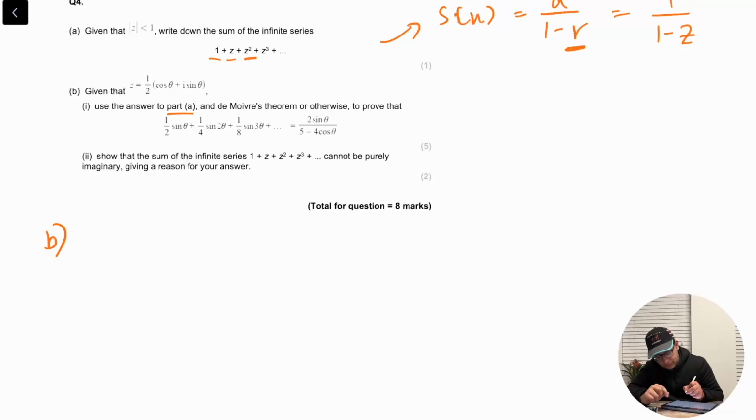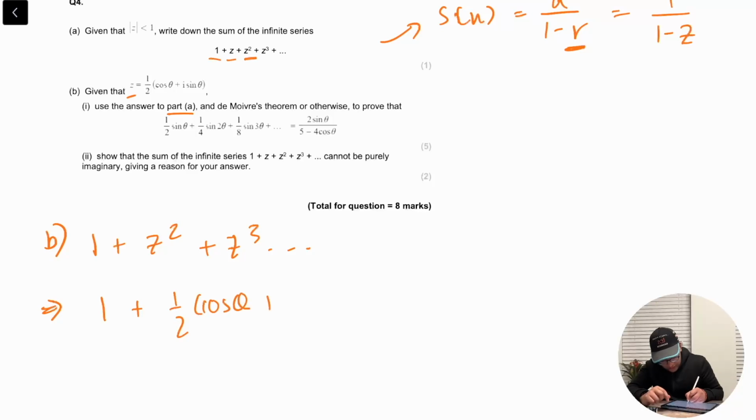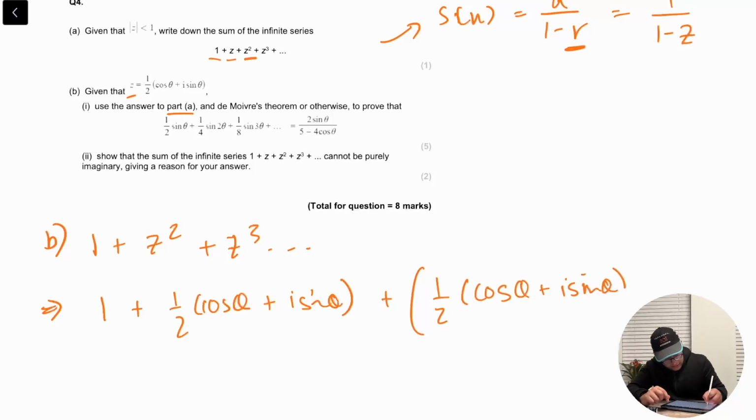So, if I had to write it as such, 1 plus z squared, where z is this, plus z cubed, and so on, right? This looks like 1 plus half (cos theta plus i sine theta), plus a half (cos theta plus i sine theta) all squared, right? And so on and so forth.